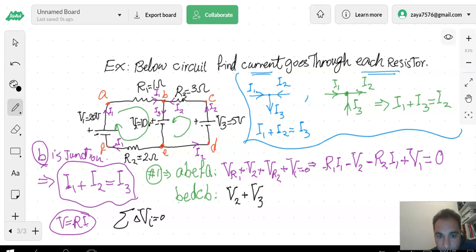Go from C to B. Oh, what is this one? Resistor. Ask this question. Remember, am I going in the same direction as I2 is? See, I go from C to B. I2 is also in the same direction as CB is. Yes, okay.